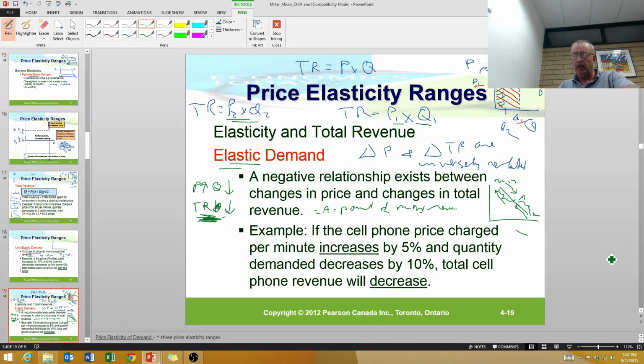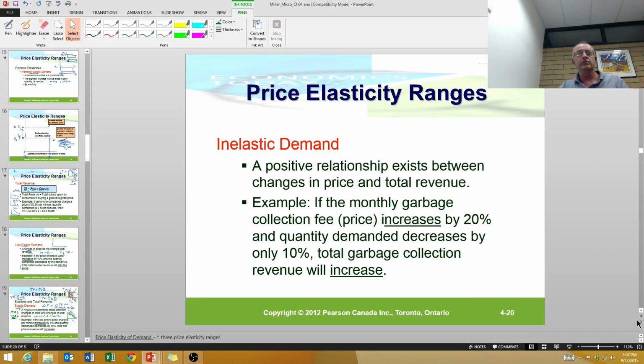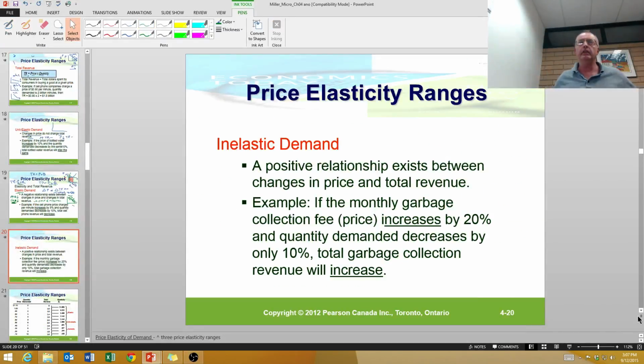Okay, we'll come back to that. I just had a second thought there, but I was right the first time. So in the inelastic section, price and total revenue are directly related.